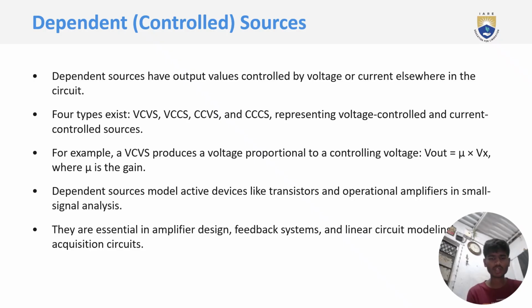For example, a VCVS produces a voltage proportional to a controlling voltage, Vout equals mu times Vx, where mu is the gain. Dependent sources model active devices like transistors and operational amplifiers in small signal analysis. They are essential in amplifier design, feedback systems, and linear circuit modeling.